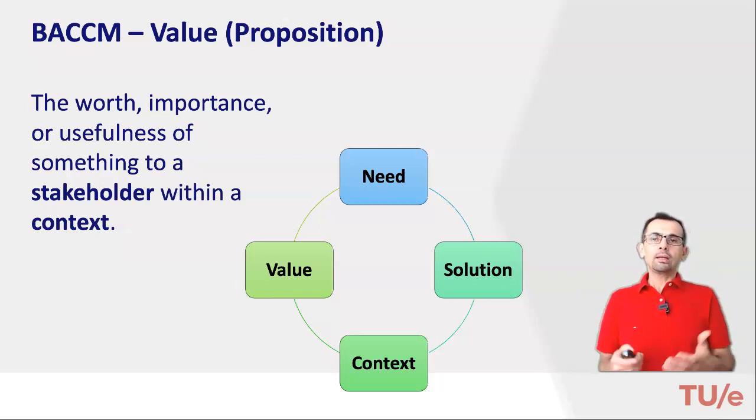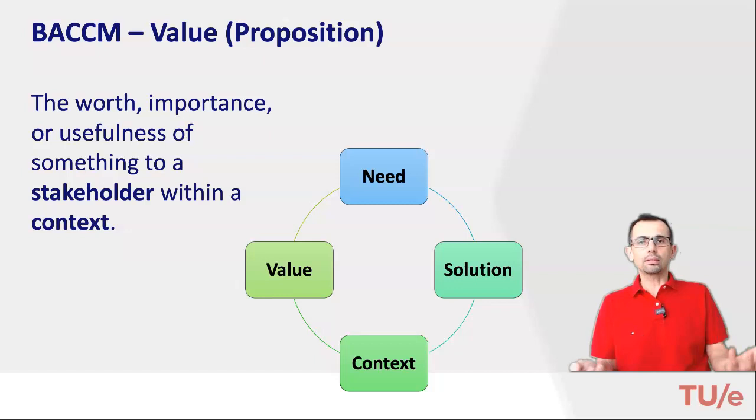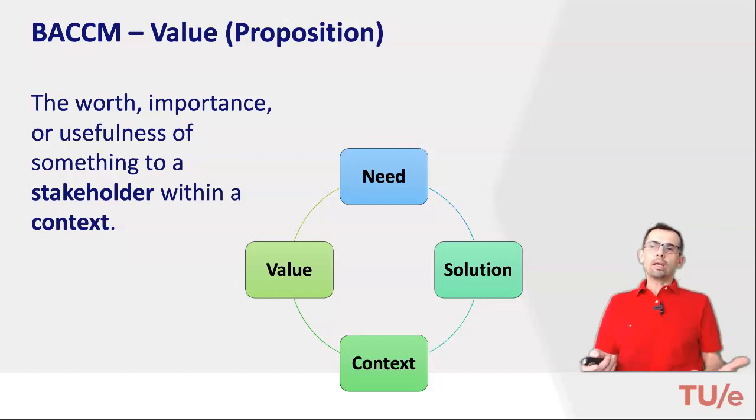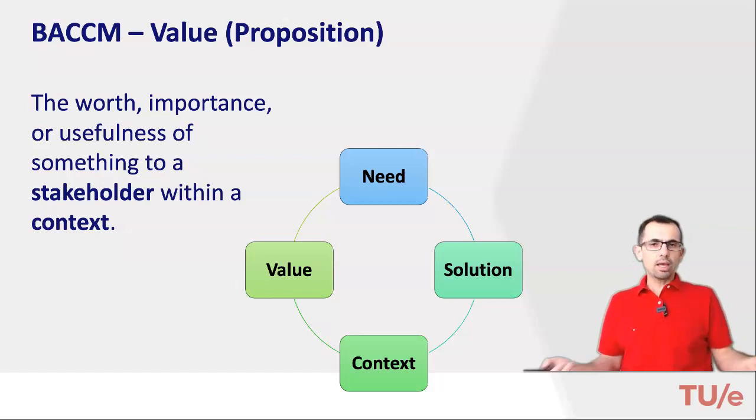That would be a very hassle-free scooter rental solution, and your value proposition would be, in this case, hassle-free scooter rental for the citizens in a particular city. In fact, that's your customer segment in this case.